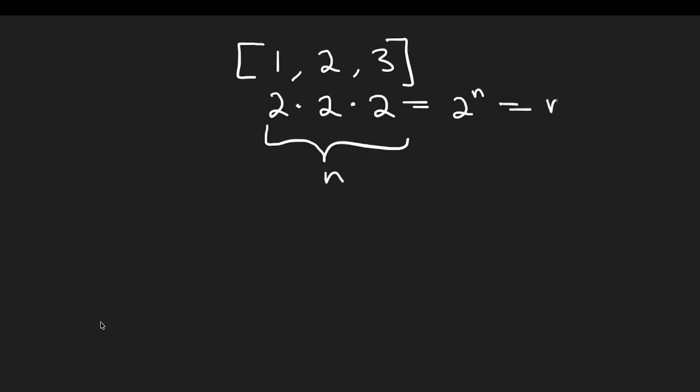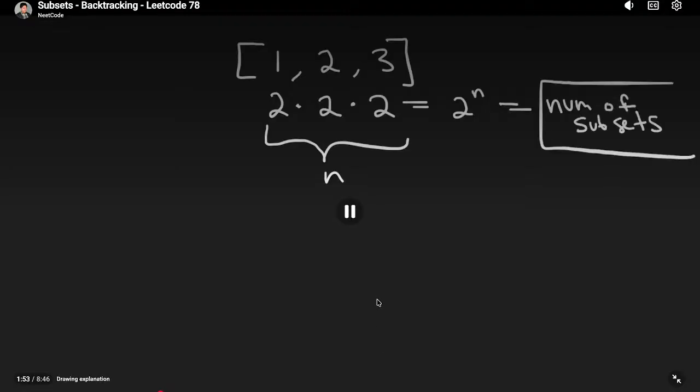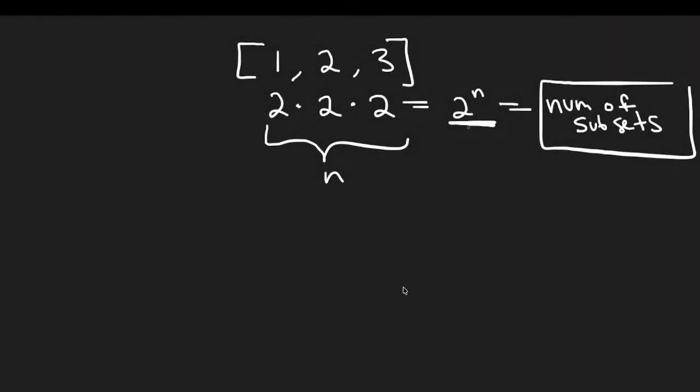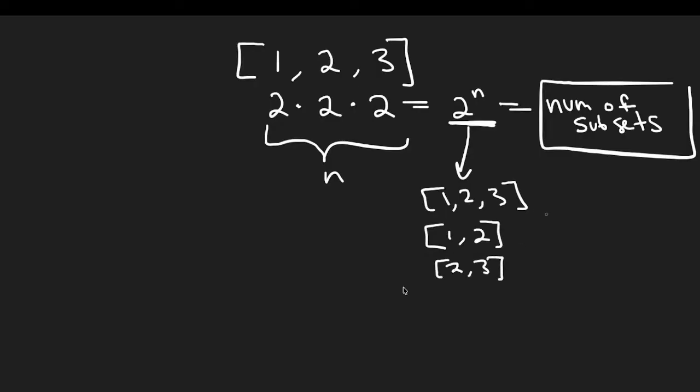So this is the number of subsets, and we don't want the number of subsets, we actually want the subsets themselves. So how long could a subset be, right? Well, we could have a subset 1, 2, 3, the size of our input. We could also have subsets that are smaller, like 1, 2, maybe 2, 3. So as you can tell, this is not going to be an efficient problem to solve.